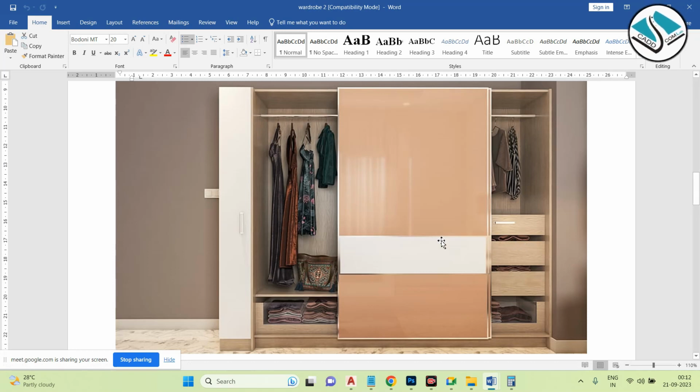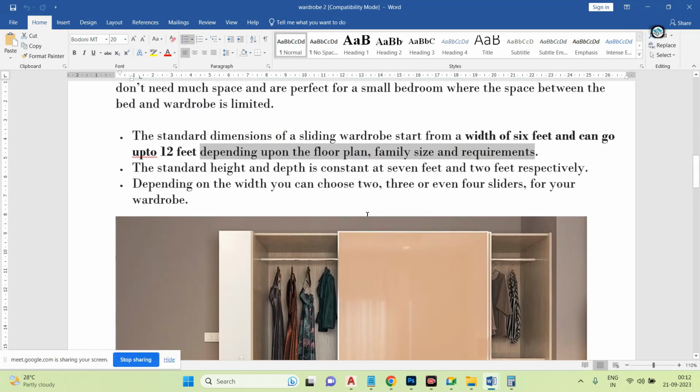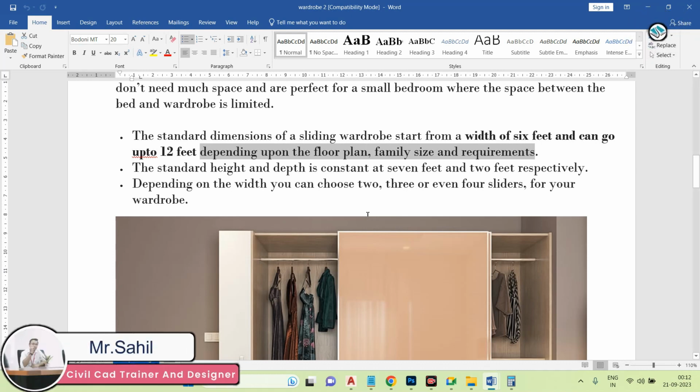Right? So in both of these conditions, the point is you should know all about the standard size of the wardrobe and different types of wardrobe, so that you can keep it easily in your mind. That's why it's a very important part of the dimensions.